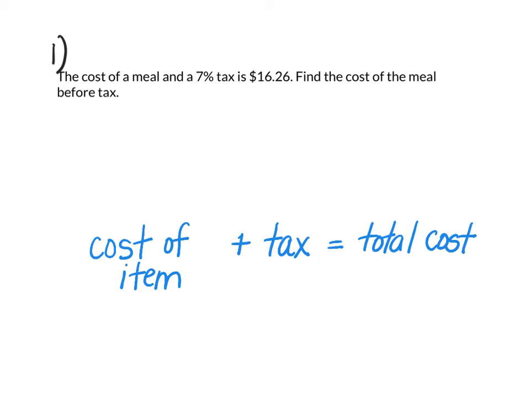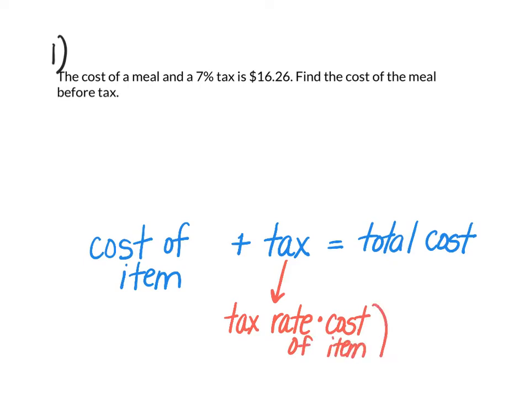One thing to know is that the tax of an item is based on the tax rate, that percentage converted to a decimal, times the cost of the item. And that is how tax is determined.